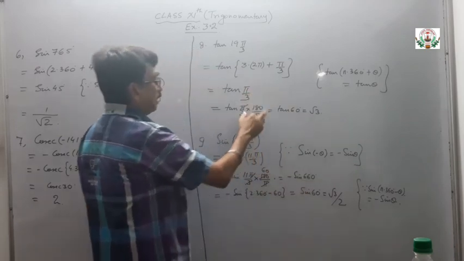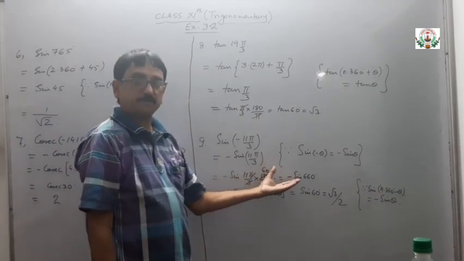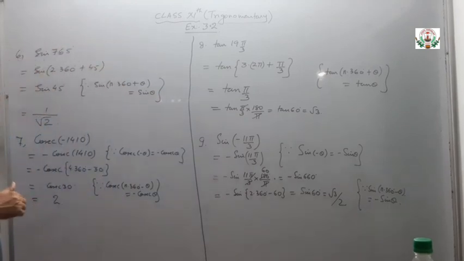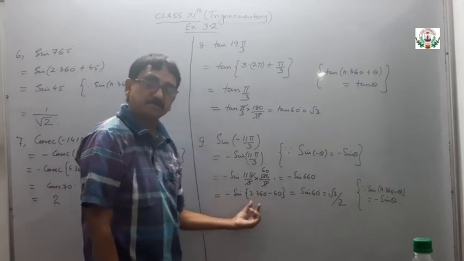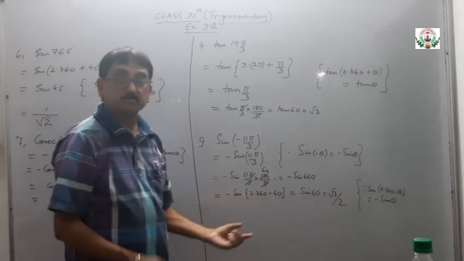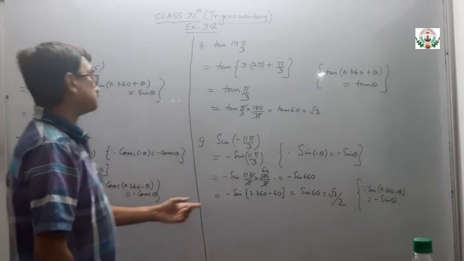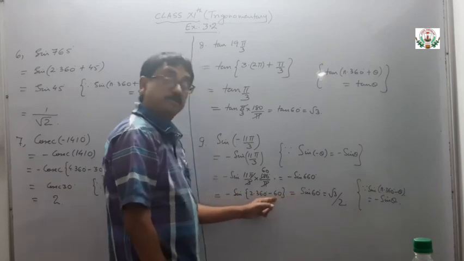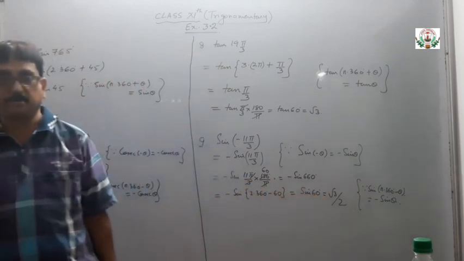In the previous question I converted it at last, and in this one I converted into degree first. Now 660 degree can be written as 2 into 360 degree, that is 720 degree, and 720 minus 60 will give you 660 degree. So sine of n into 360 minus theta lies in the fourth quadrant, and in the fourth quadrant again the sign is negative, so it becomes positive. Sine, and in place of theta there is 60 degree, so sine 60 degree, whose value is root 3 by 2.